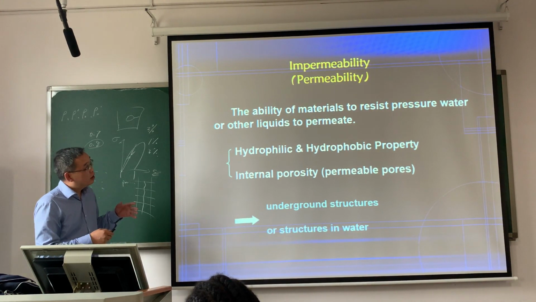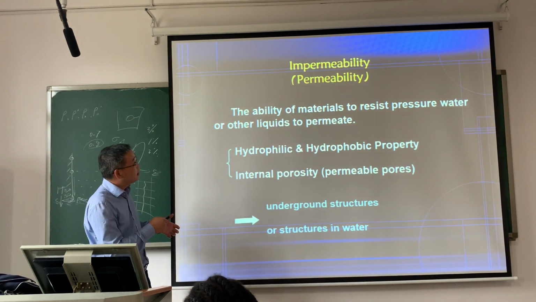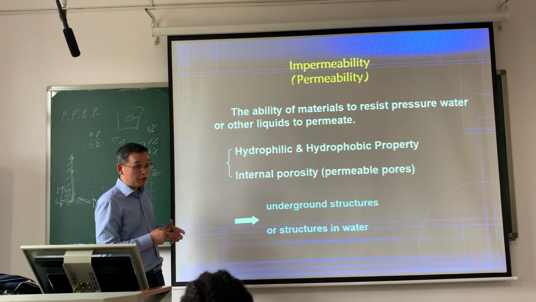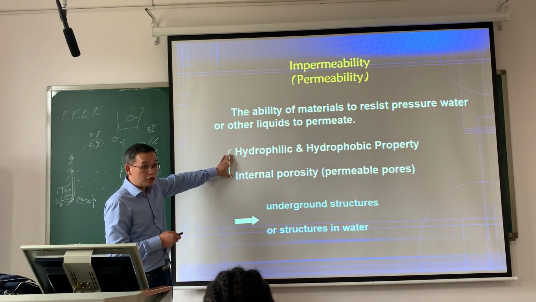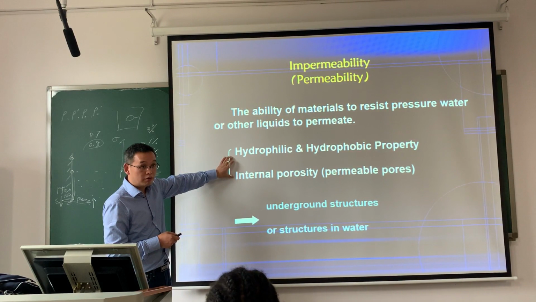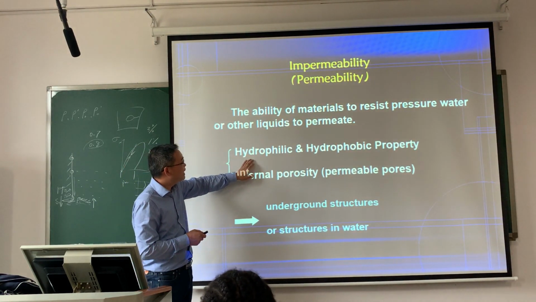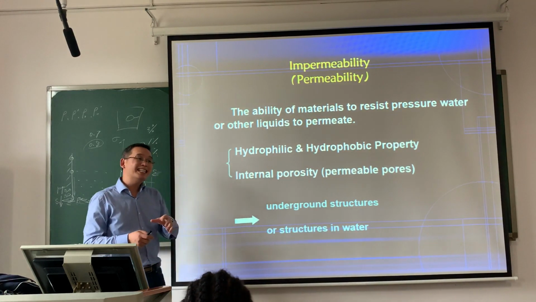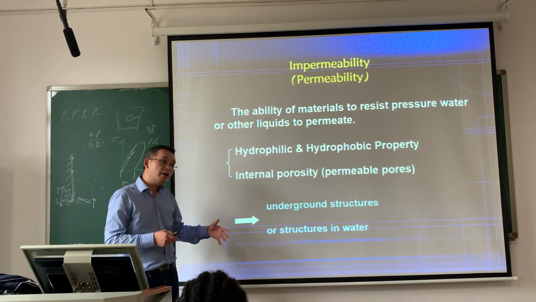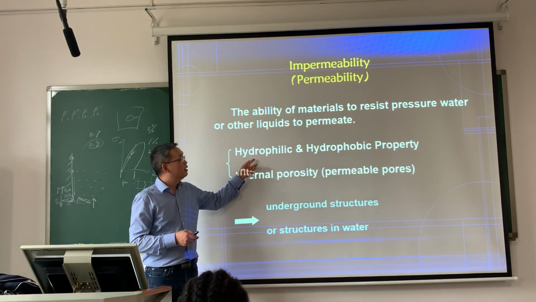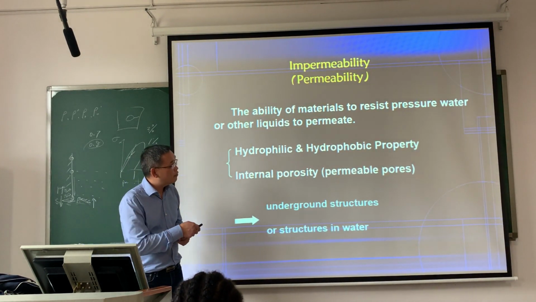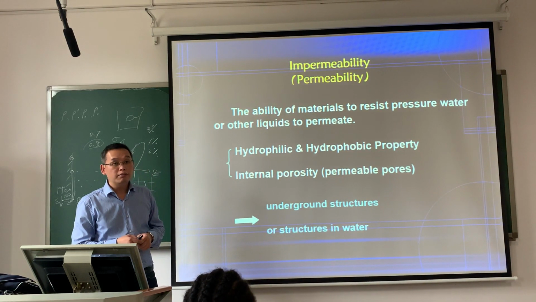And what determines the impermeability or permeability of the material? Maybe two factors. The first one is hydrophilic or hydrophobic. That means if the material belongs to the hydrophilic material or hydrophobic material.